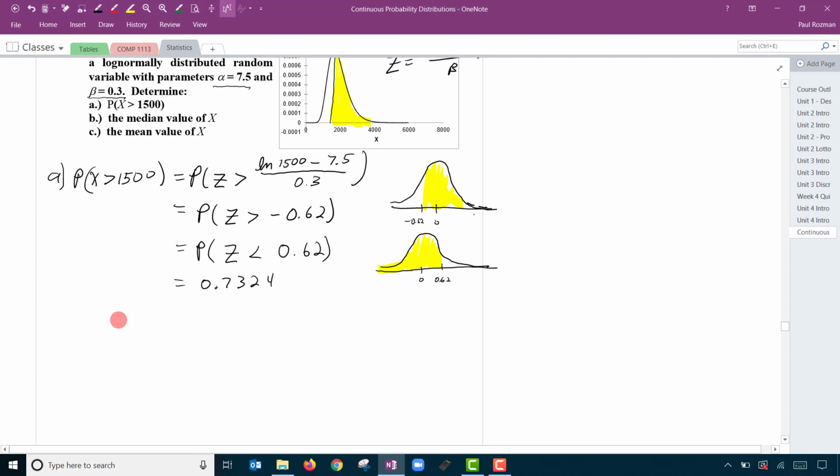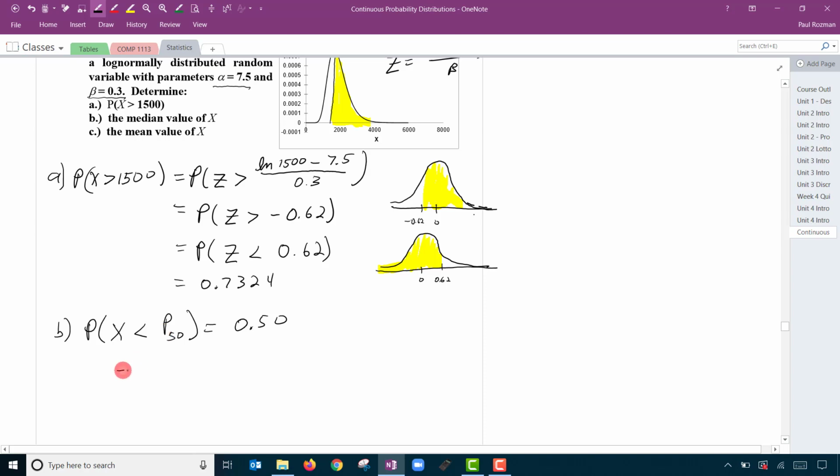There's a part B there. It's asking for the median value. So we're looking for the value on the axis that separates the bottom 50% from the top 50%. To figure this out, we want the probability that x is less than the median, how about I call it the 50th percentile, to be 50%. 50% of our values are smaller than some number.